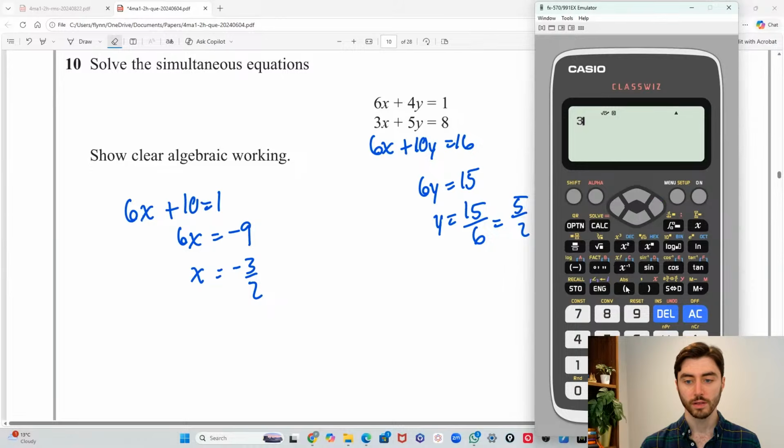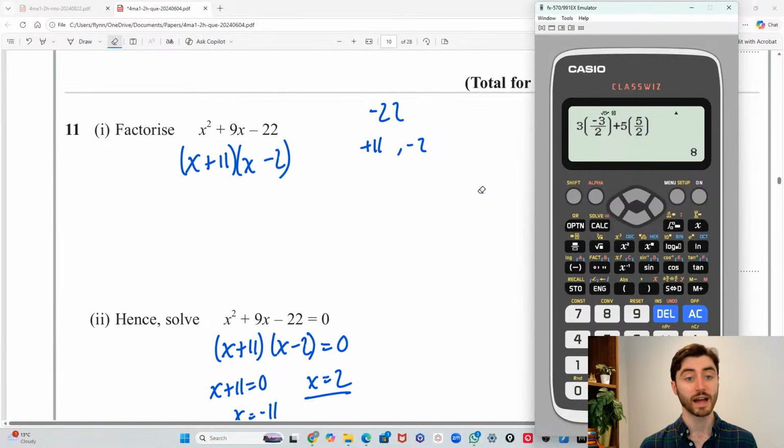And then 3 lots of minus 3 over 2 plus 5 lots of 5 over 2 does get me 8. So I know for a fact those are correct.